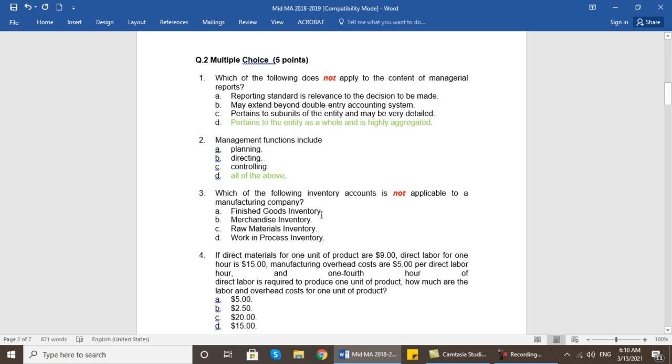Finished goods inventory, merchandise inventory, raw materials inventory, work in process inventory. As you see, not applicable to a manufacturing company, it's B, merchandise inventory. It's easy.